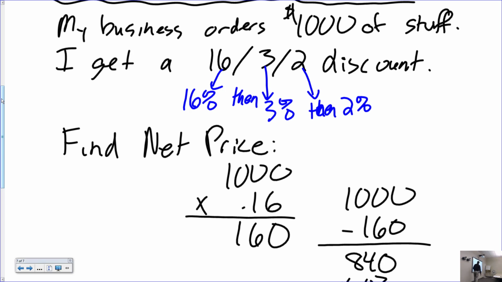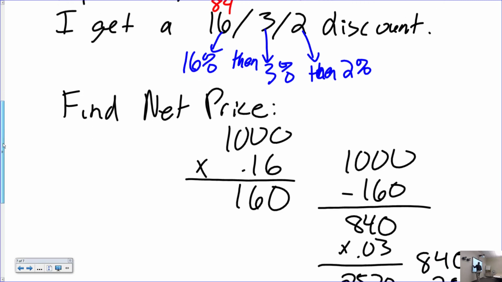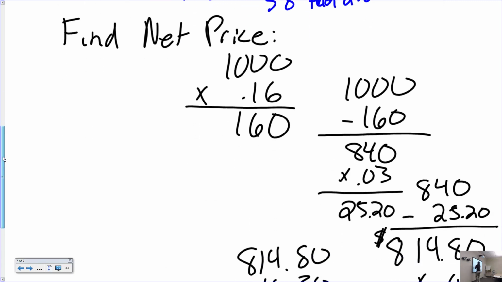Alright? Folks, if you take 16% off of the price, what percent of the price did you pay? 84%. What is 1,000 times 84%? 840.